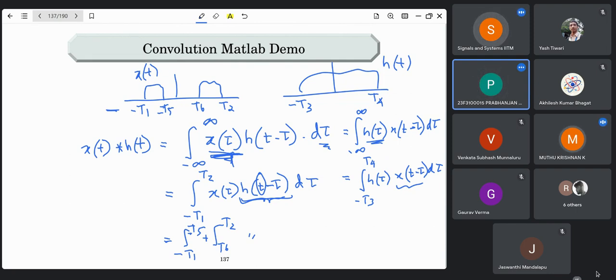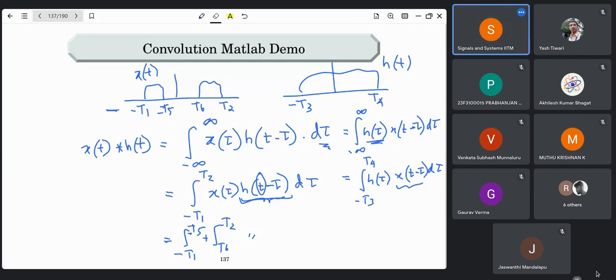Any other questions? Yeah. Sir, while doing this, does the property of the signal being odd or even have any significance? Not really.